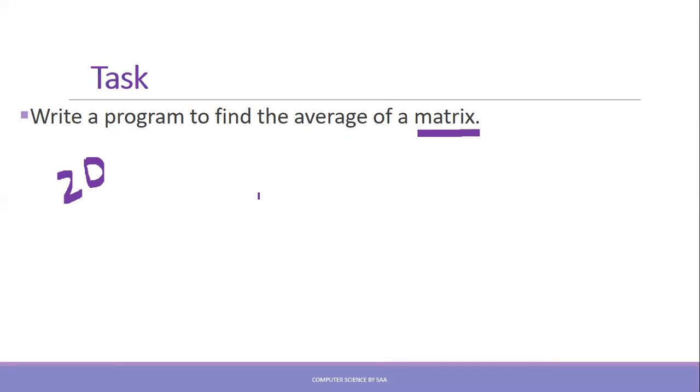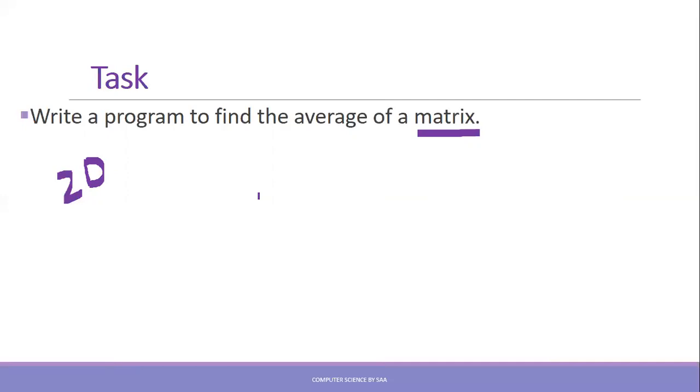After assigning values to the 2D array, you have to find the average. For the average, first of all, you have to find out the sum of the values of the 2D array. You can take help from the previous lecture in which we found the total and average of a 1D array.